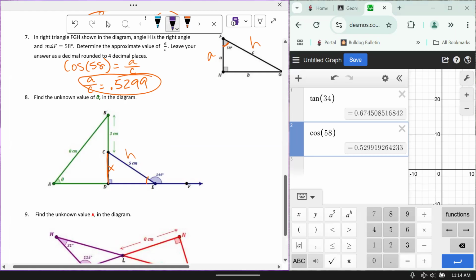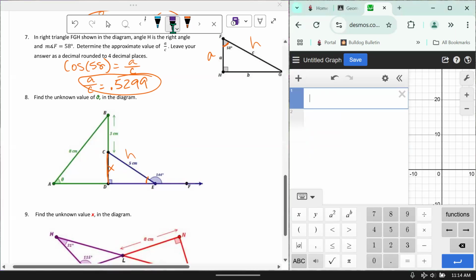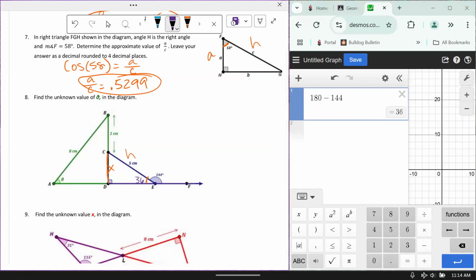Because what we are given is a straight line. And we all know that straight lines add up to equal 180 degrees. So what we're going to do is go 180 minus 144, and that gives us 36. So we now know that this angle right here is 36 degrees, okay? Use your rules, figure it out. I believe in you, okay?